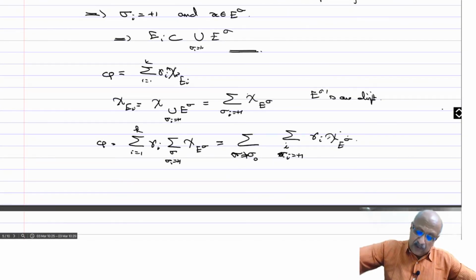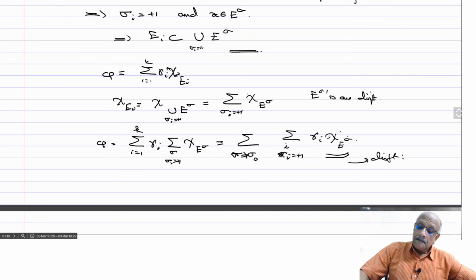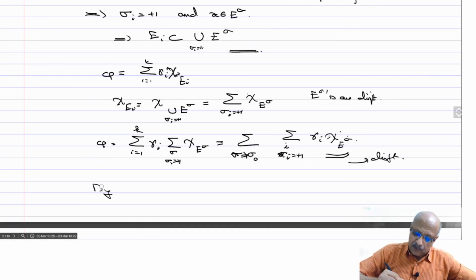So this is another way of writing the function phi in terms of disjoint sets.